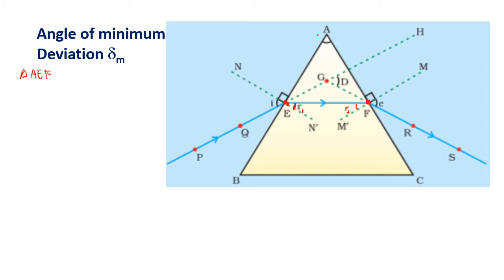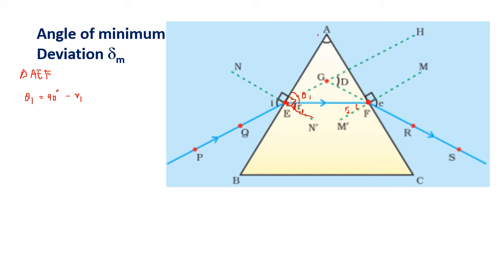Now this is the normal to the surface, so this angle will be 90 degrees. This angle here I will call theta 1. How much is theta 1? Theta 1 is 90 minus R1.